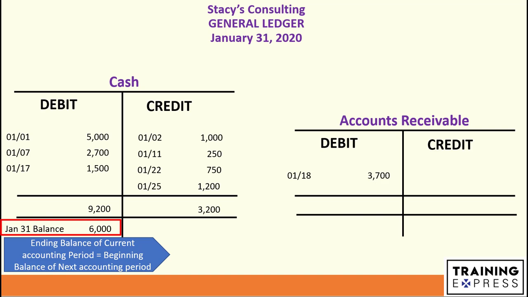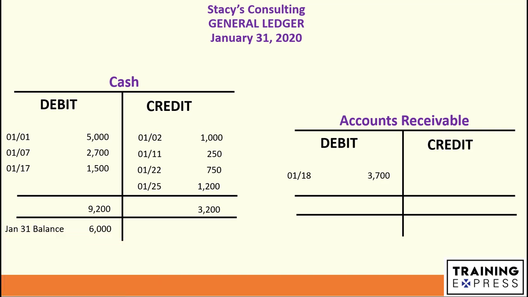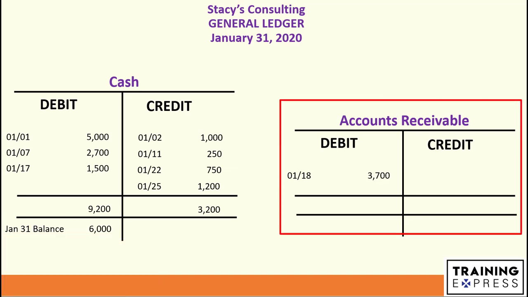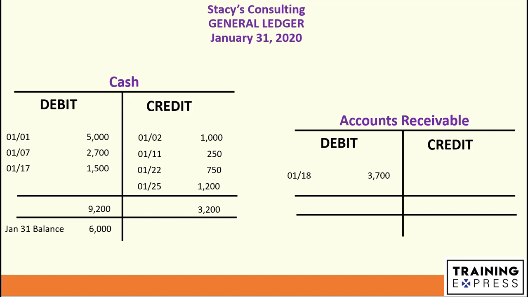Now let's move on to accounts receivable. You can see in accounts receivable, the total on the debit side is 3,700 and the total on the credit side is 0. So let's write down the total of the debit side, 3,700, and you can see the debit side is greater than the credit side.